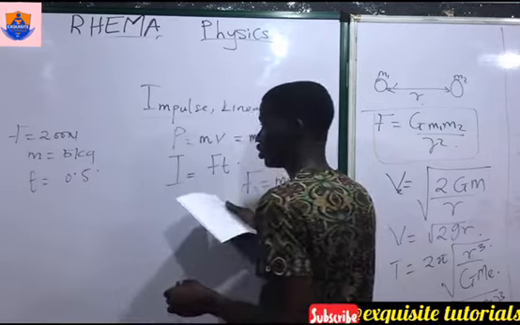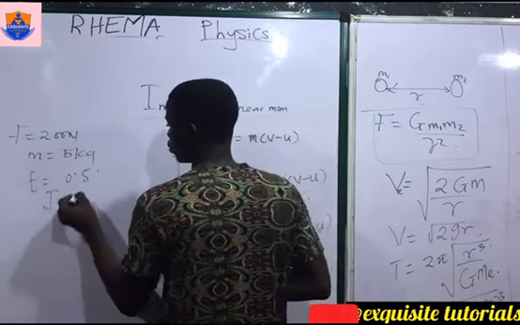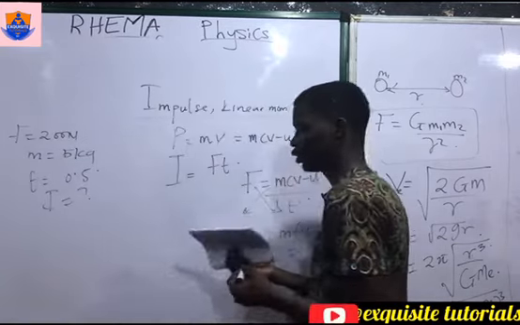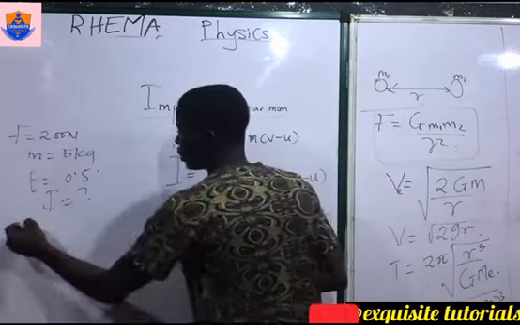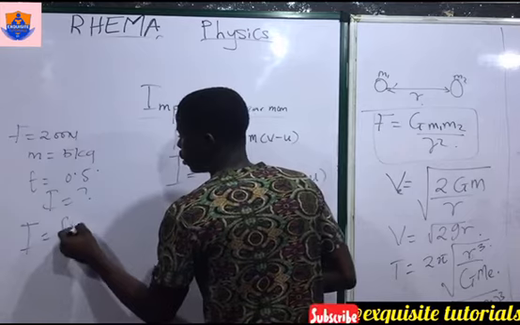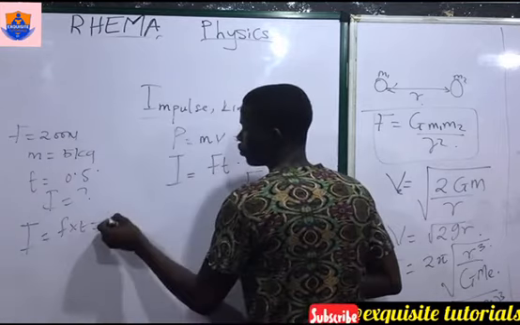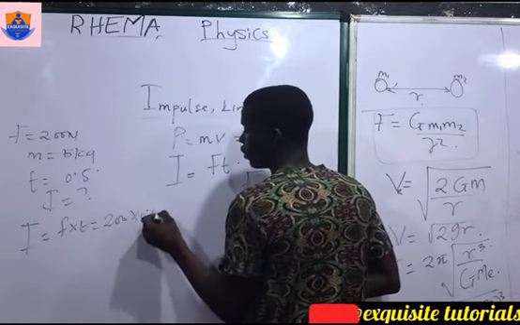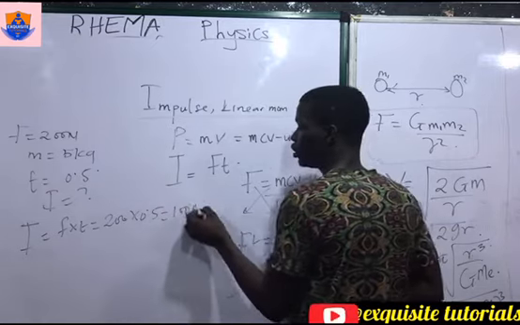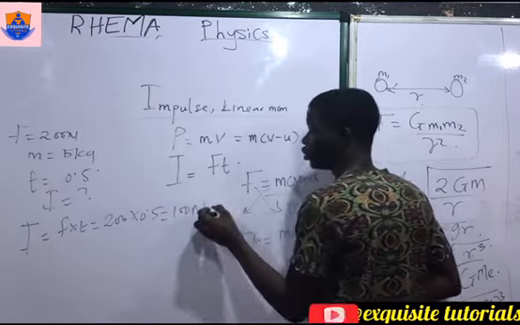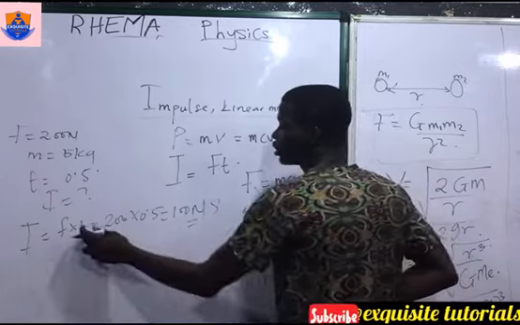They're asking what the impulse is. How can I determine the impulse for this body? I've already given you the formula: impulse is force times time. As simple as that. 200 times 0.5 gives you 100. Take note, impulse is measured in Newton seconds.